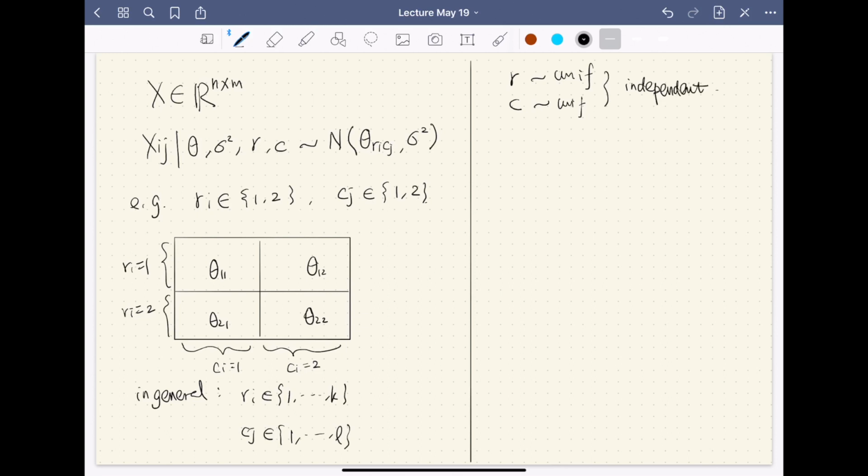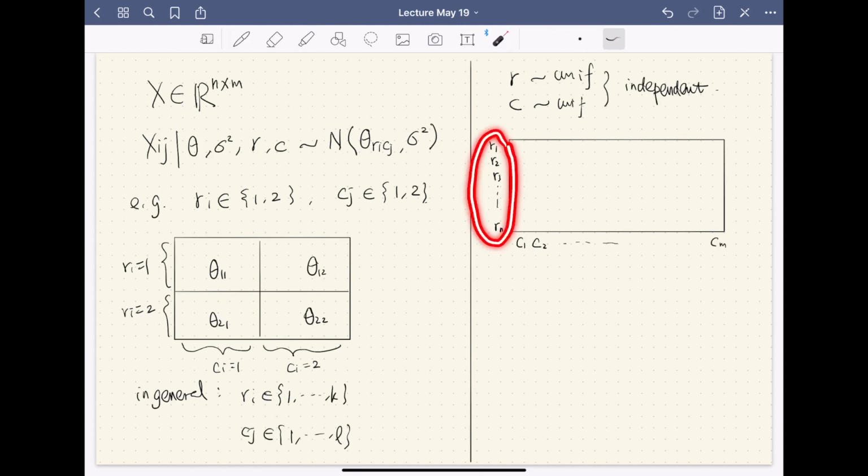Let me illustrate the prior again. For example, you have R1, R2, R3 up to Rn, and here the column clustering labels are C1, C2 up to Cm. So the prior means that we have these n row clustering labels and m column clustering labels. In total, we have n plus m numbers to parameterize the biclustering structure of the matrix.